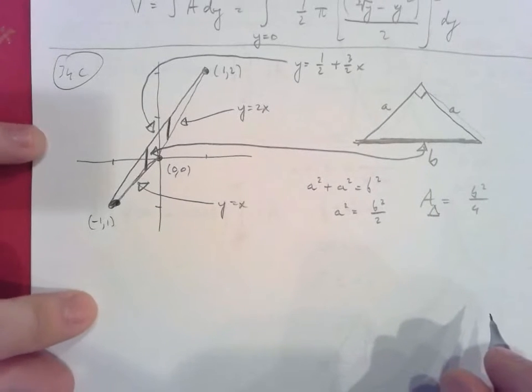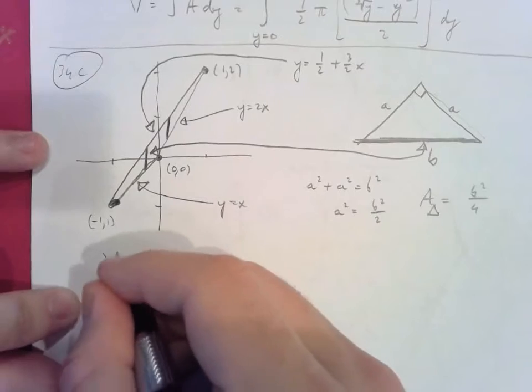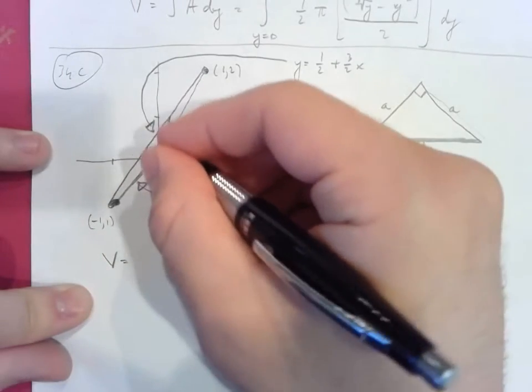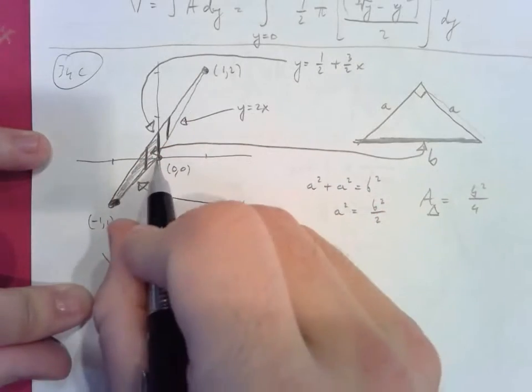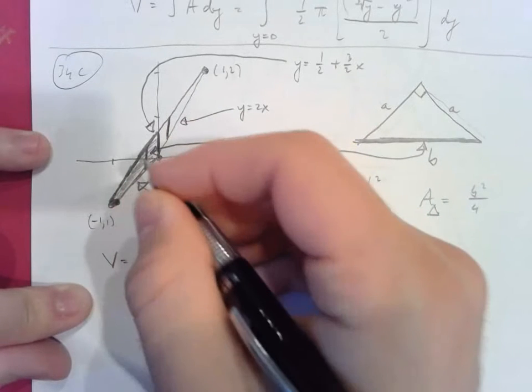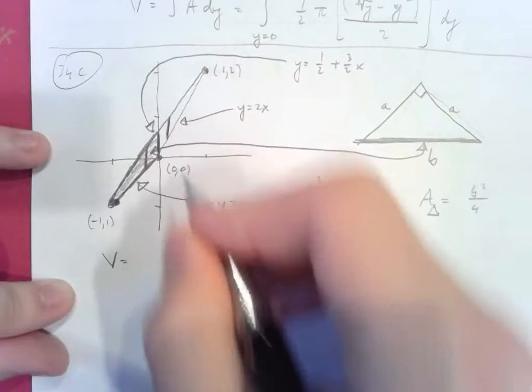Now the volume, yes, the volume now is going to be the following. Notice that between x equals -1 and x equals 0, I am bounded above by this curve and bounded above by the same curve. But below is by y equals 2x, so that means I have to split this into two integrals.